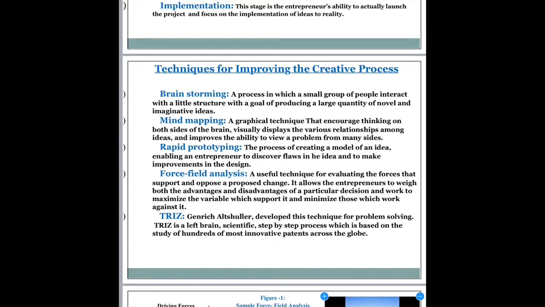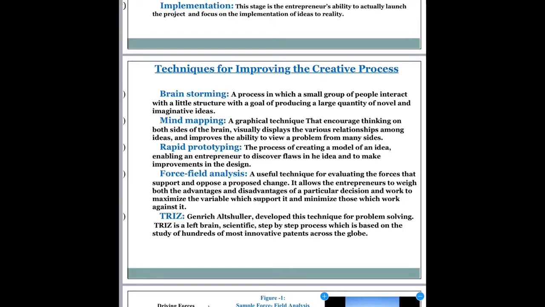And we now look at the shortcomings, the deficiencies in the idea. In order to improve that idea, we make slight changes, we make some amendments, and as a result, we improve the overall idea. And this process of creating a model is called rapid prototyping.